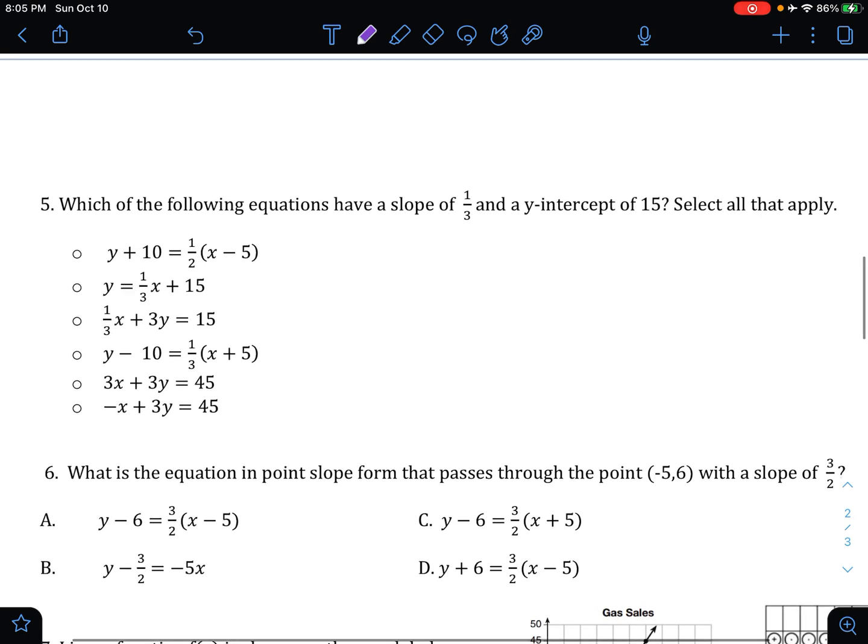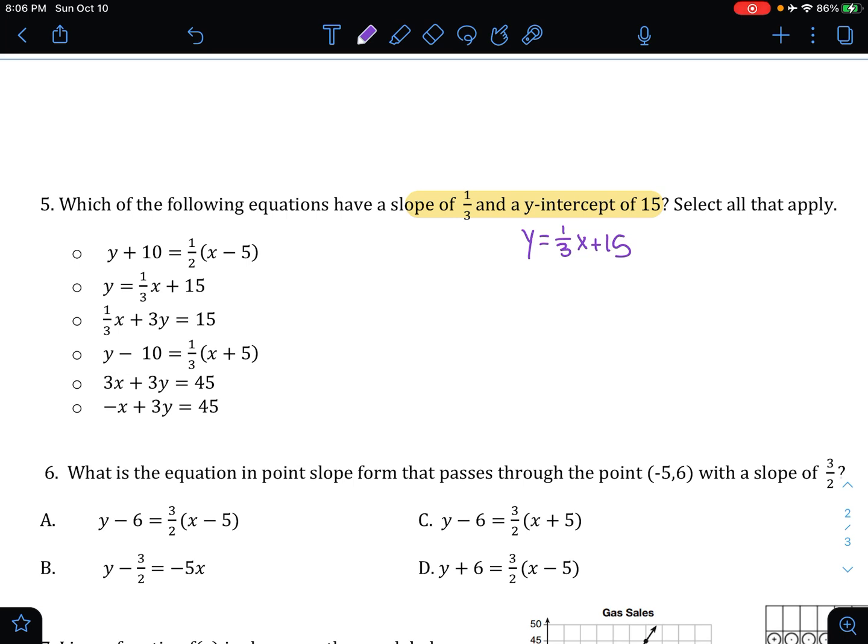Okay, number 5, which of the equations have a slope of 1/3 and a y-intercept of 15? Well, first off, if we know the slope and the y-intercept, we can write the equation in slope-intercept form, which is y equals 1/3 x plus 15.